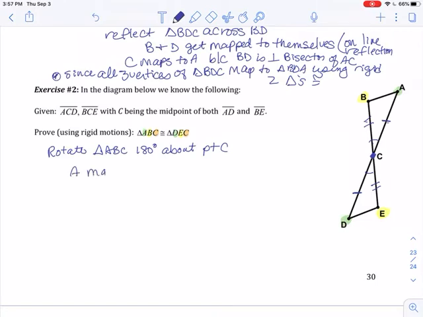So basically A maps to D. B maps to E. And you can see that by the colors. And C maps to itself.